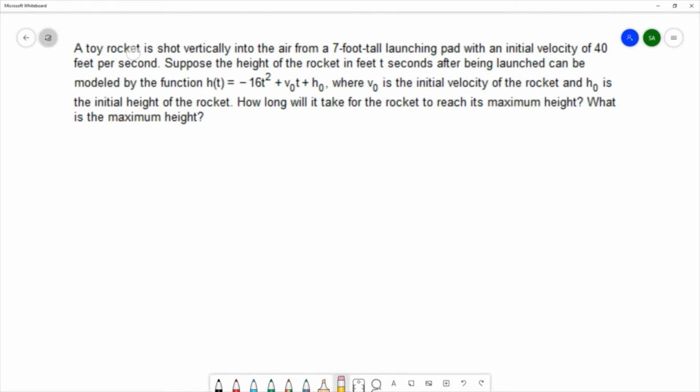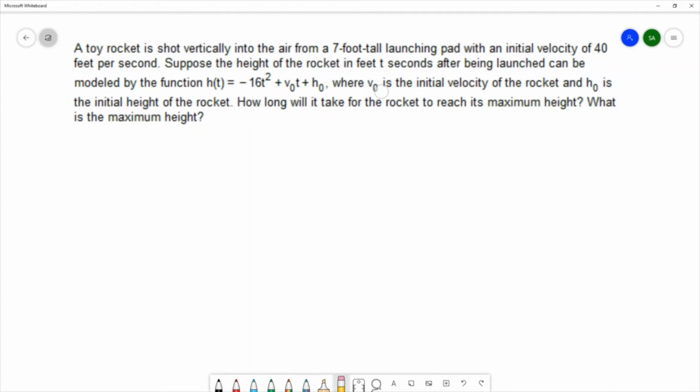A toy rocket is shot vertically into the air from a 7-foot tall launching pad with an initial velocity of 40 meters per second. Suppose that the height of the rocket in feet, t seconds after being launched, can be modeled by the function h of t equals negative 16t squared plus v naught t plus h naught, where v naught stands for initial velocity and h naught stands for initial height.